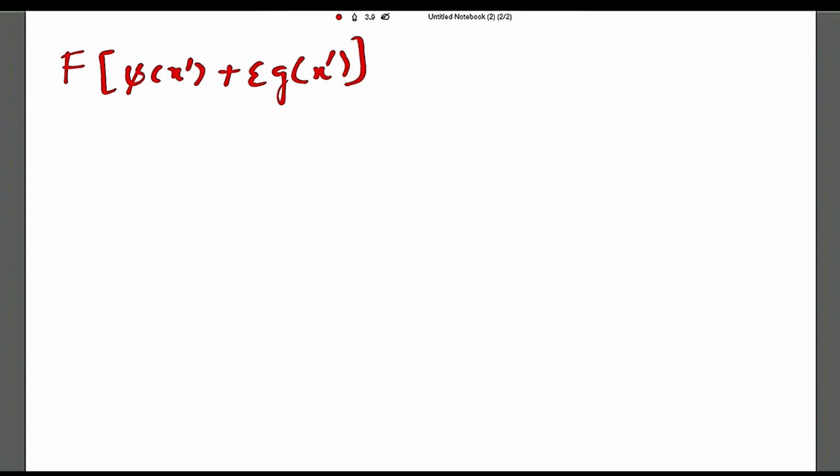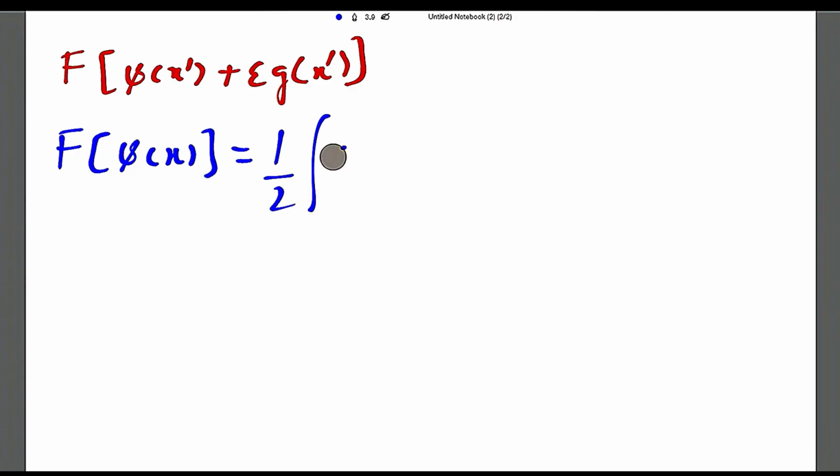So first of all, we need to have this thing to play with, and we know that we had F of phi of x. F of phi of x was already given in the question, and it's always given to you. So it's half integral dx, and we have phi square of x.